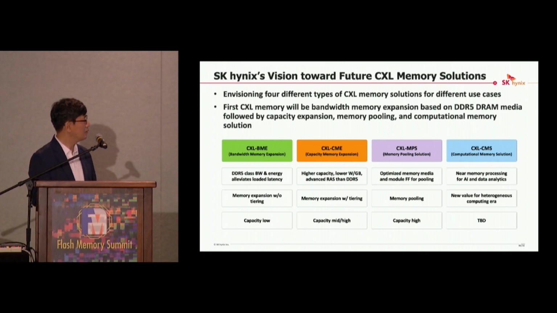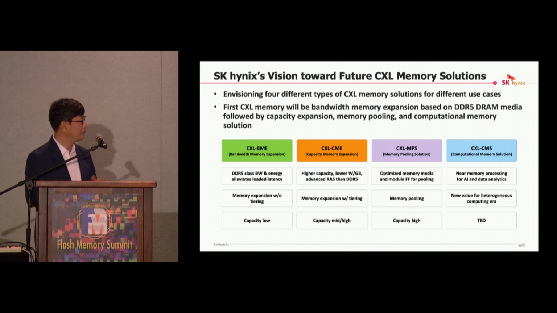And then the third one, the MPS, memory pooling solution, will only be meaningful when the infrastructure and ecosystem for memory pooling is ready. But once it's there, our vision is to optimize memory media and module form factor specifically for pooling solutions.